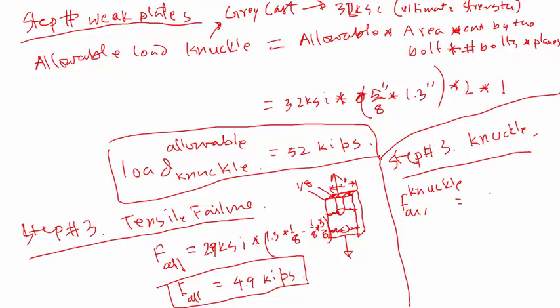For gray cast iron, the tensile ultimate is 20 ksi times the area of the knuckle, which is 1.2 times 1.3 minus the bolt area, because the hole is not going to carry anything. I calculated 16.2 thousand pounds.